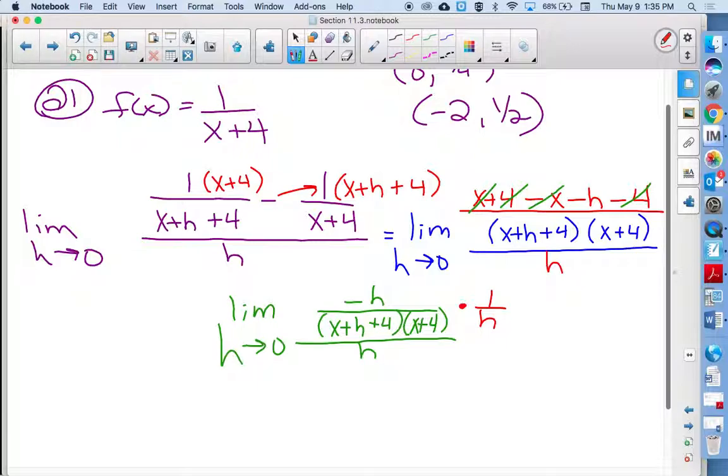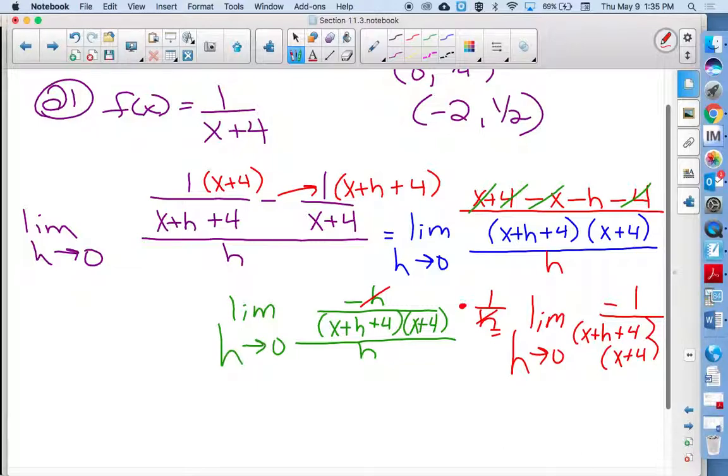Get all those pieces to cancel, and then what you have left also cancels once you multiply by that 1 over h. So we have those terms canceling, and we just have a negative 1 on the top, and then we have x plus h plus 4 and x plus 4.